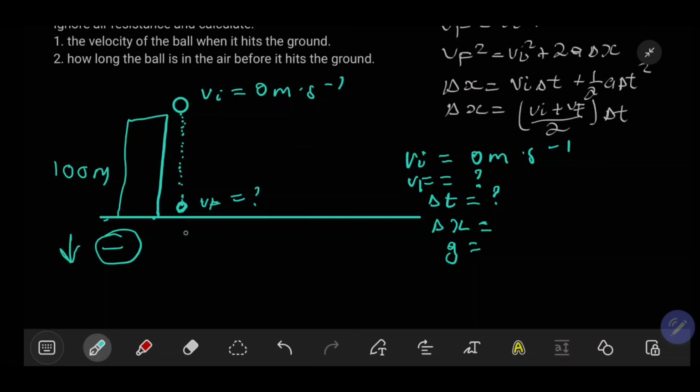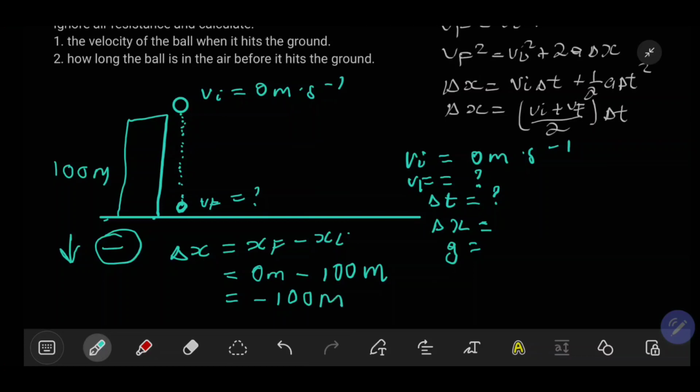So remember, when we calculate the change in displacement, we say final position minus the initial position. The final position of this ball will be here on the ground, which is 0 meters, right? So this is 0 meters minus the initial position, the ball was 100 meters above the ground. So we put 100 meters here, and then the difference is negative 100 meters.